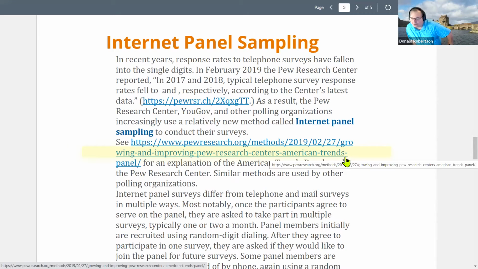Because telephone surveys are dying, because people don't answer their phone, they're getting used to it, they're not bothering, plus they block the numbers. This new technique, internet panel sampling, well, one version of it is you actually get hired to take part in the poll.